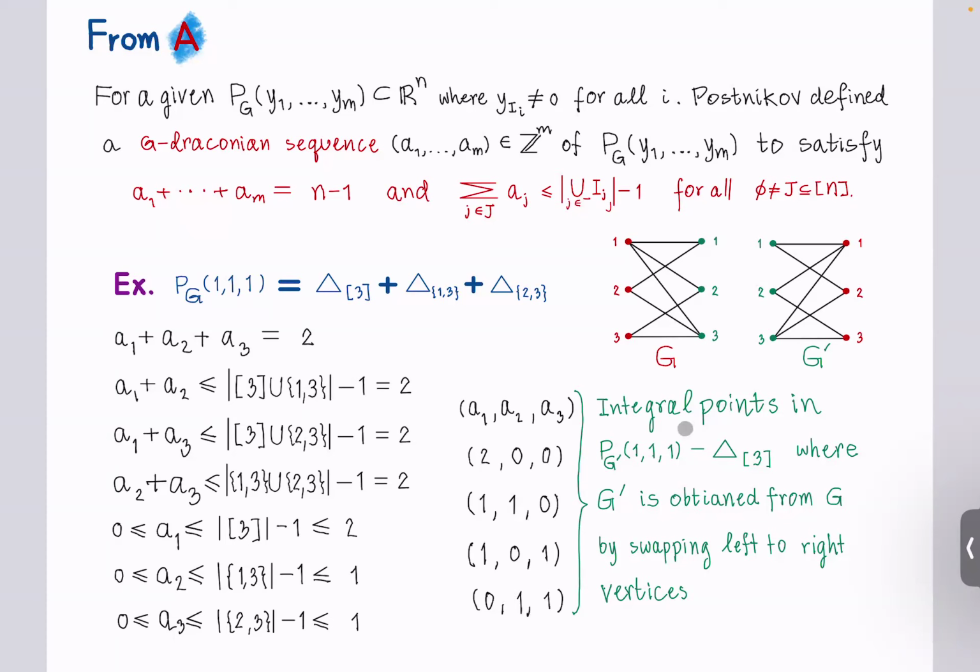And it turned out to be the integral points in this polytope here, PG prime of 111 minus delta of bracket 3 here, where G prime is the bipartite graph obtained from G by swapping the left and right vertices. Any question about G-draconian sequences?